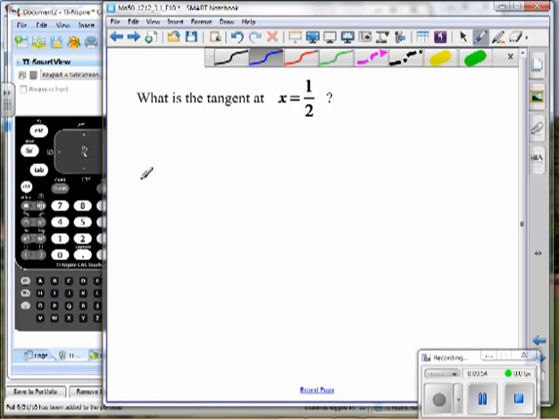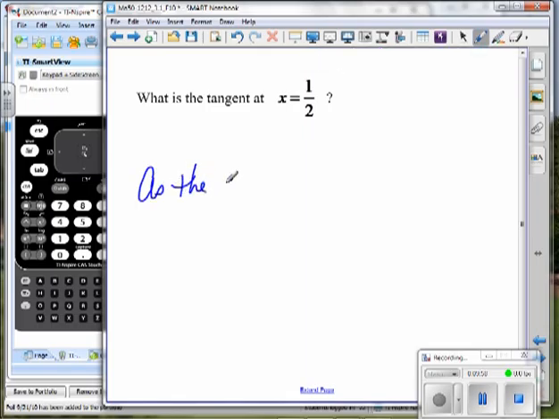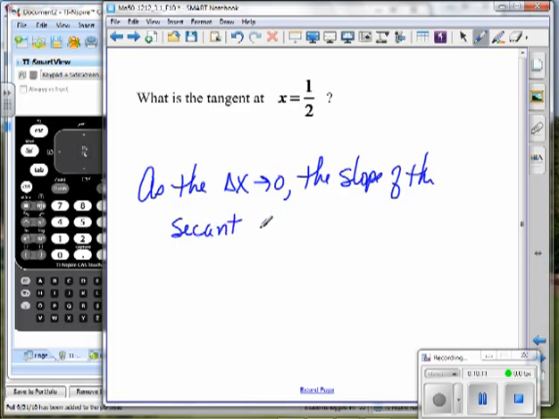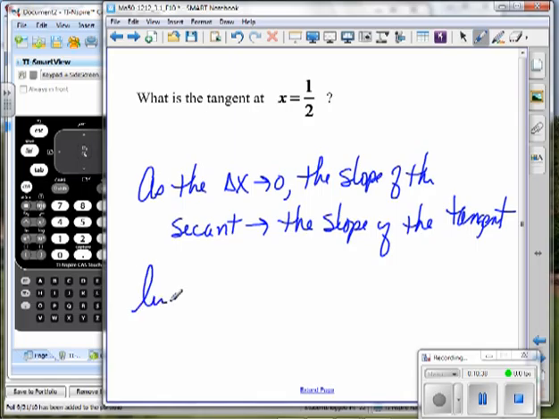We're going to be asking, as delta x approaches 0, the slope of the secant approaches, that's a limit statement. Okay. How do we write that? The limit as delta x approaches 0.